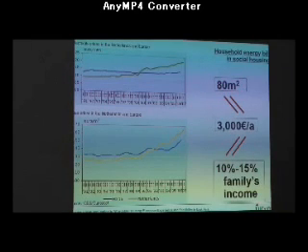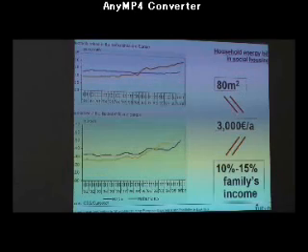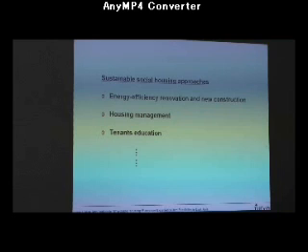So a lot of families living in this kind of social housing have to reduce the energy bill by reducing the thermal comfort of the rooms. And this situation caused some social problems.